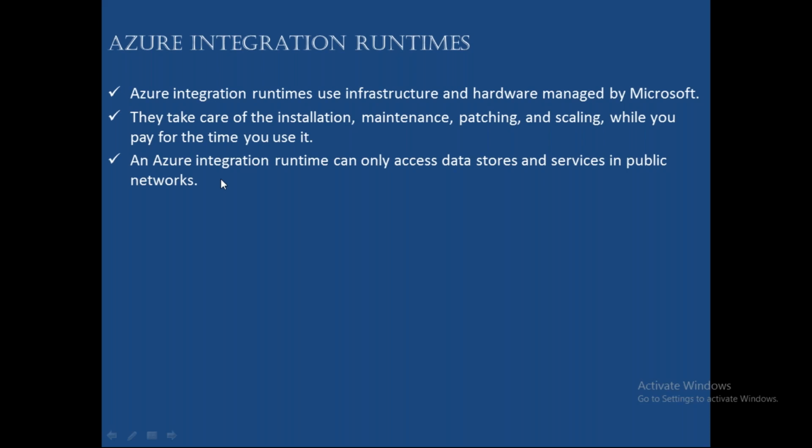If your data is available in a private network, that is nothing but on-premise, your Azure Integration Runtime cannot access the data. Okay, this is also very, very important. Public network means in the cloud. If something is there in the cloud, then only you can access it. If something is there on-premise, you cannot access those things.